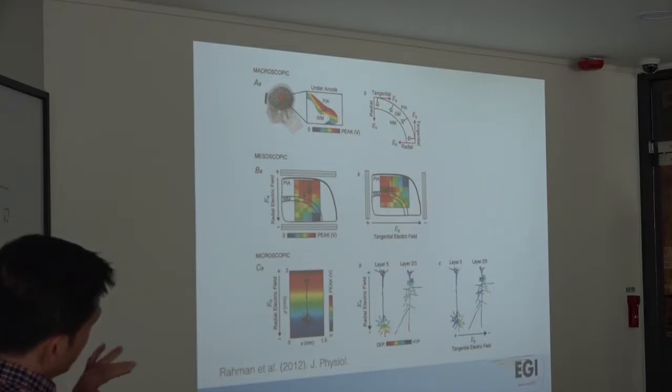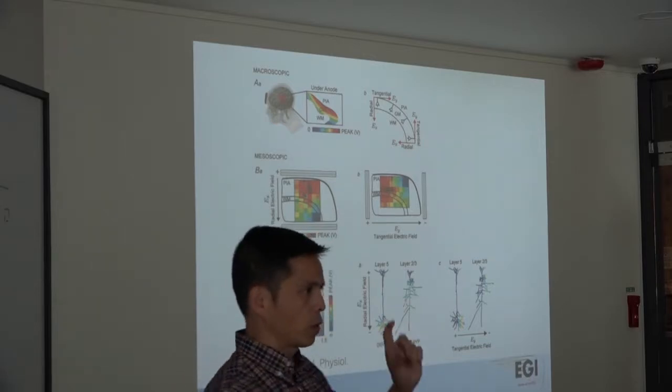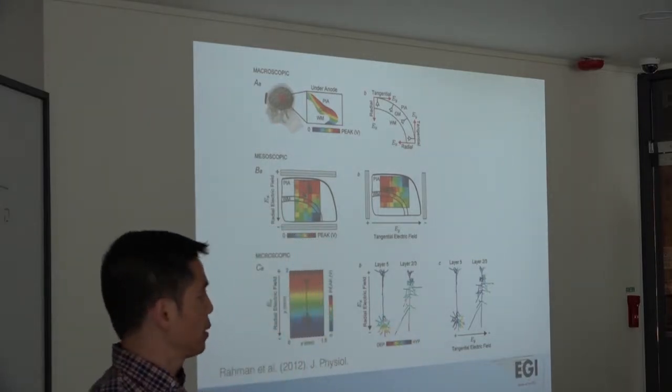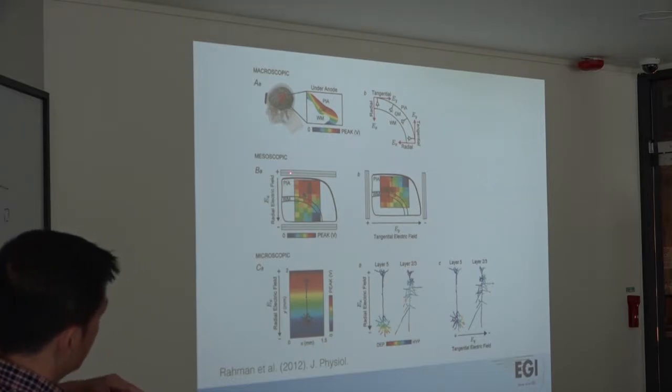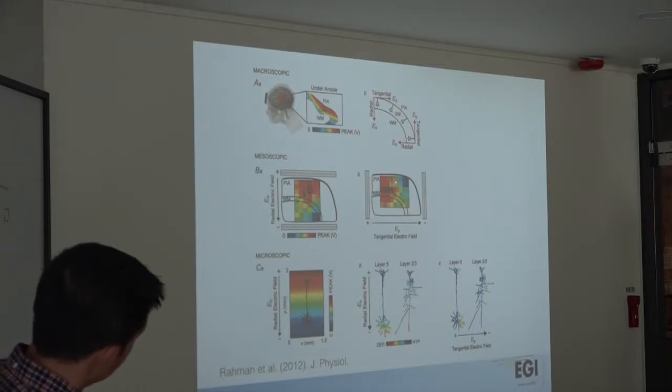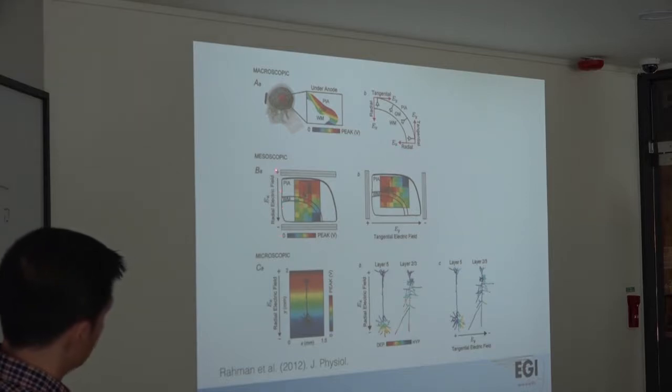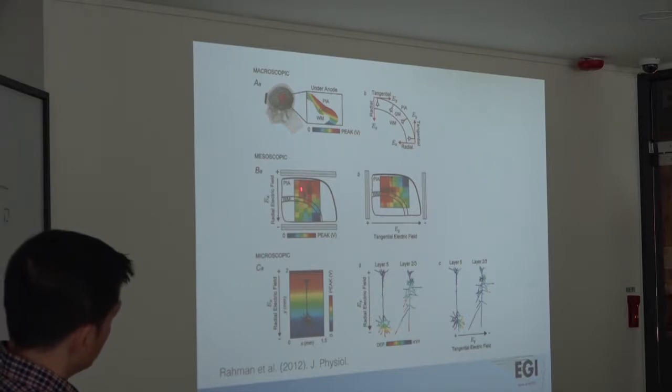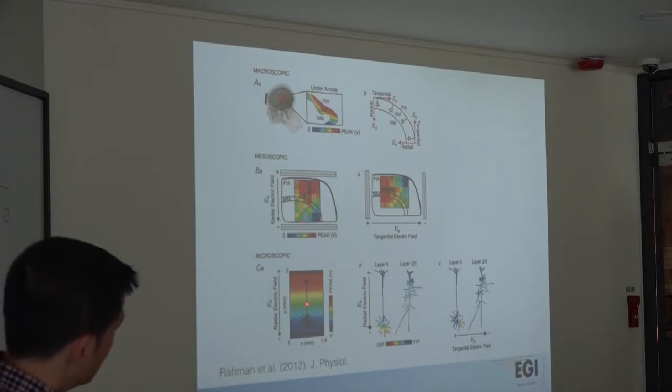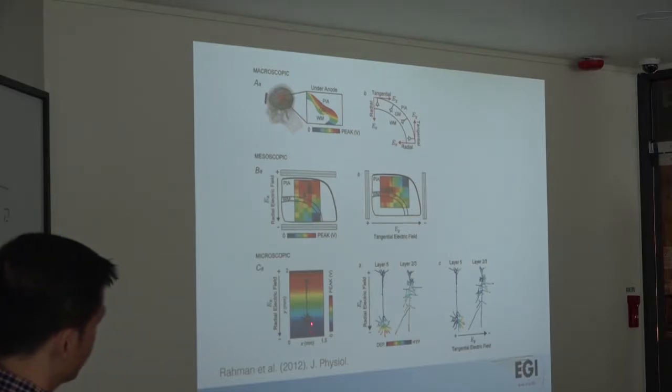But if we look at a smaller level, like that cortical patch I showed you, we just cut it and put it in a bath, and we have an electrode at the top of the cortex and at the bottom of the cortex, and we pass DC current through, going from positive to negative. Then a cell here will experience current flow in that direction, positive at the top and negative at the bottom. Now we can look at a single pyramidal cell.